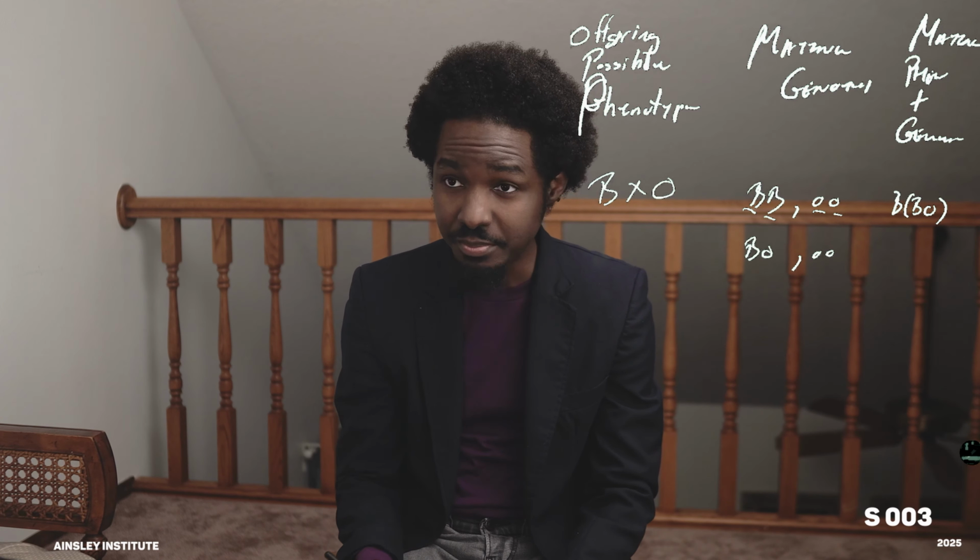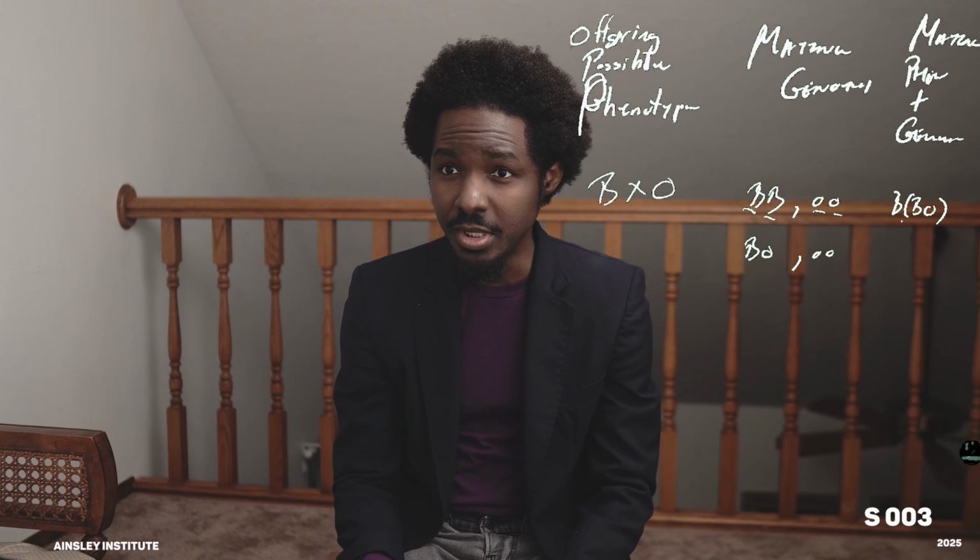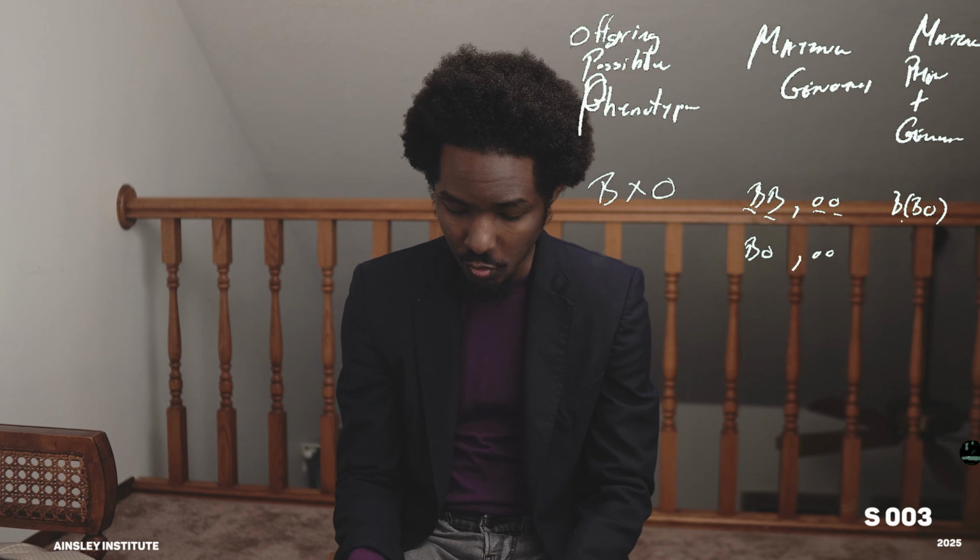So based on this combination, we are expecting the person to be B, and this person is going to be BO. So B times O, B times O. So that's BO, right? This person is BO or possibly OO. So we have two things that are happening here.